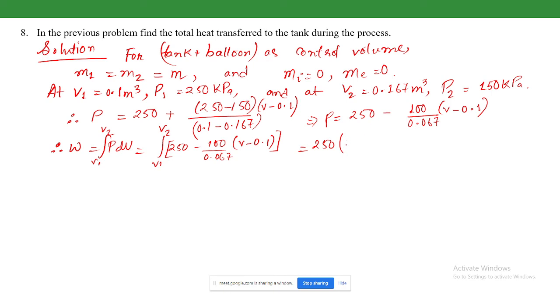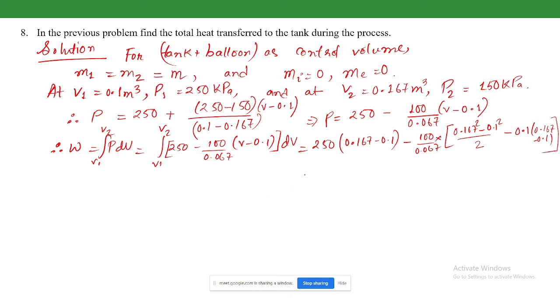So this will be 100 by 0.067 multiplied by V squared by 2, that is 0.167 whole square minus 0.1 whole square by 2, and 0.1 multiplied by the integration of dV, which comes out to be V, so 0.167 minus 0.1.